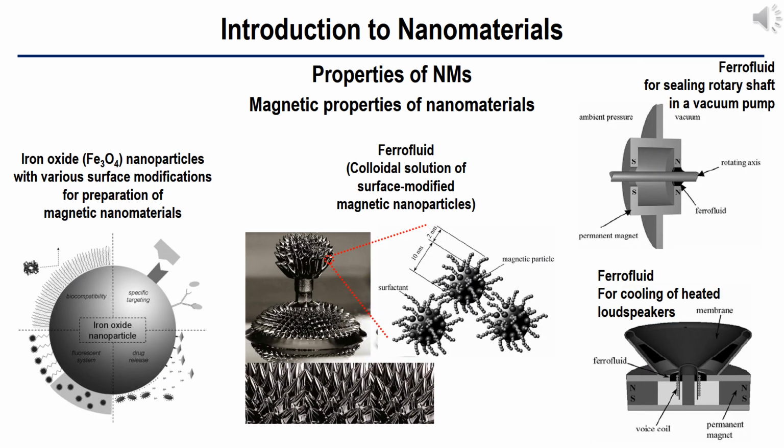Iron oxide nanoparticles are the most popular and most easily preparable magnetic nanomaterials. Using a hydrothermal synthetic route, it is possible to synthesize 5 to 50 nanometer iron oxide nanoparticles in aqueous solution or organic solvents. However, there is a problem in the preparation of magnetic nanoparticles.